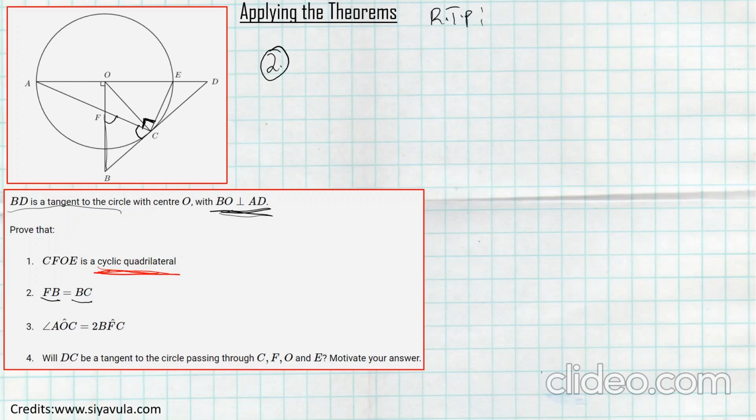If we manage to prove that angle BFC is the same as angle BCF, then we can conclude that the lines are equal. How are we going to prove this? Let's check what these angles are equal to. We're going to start with this one, angle BCF.